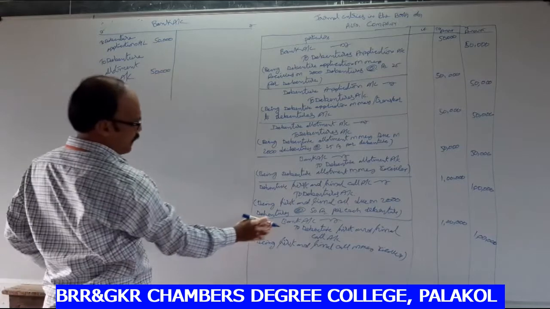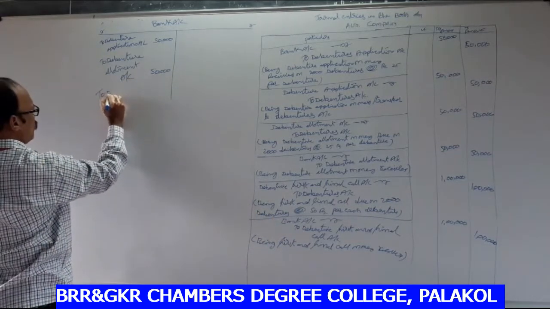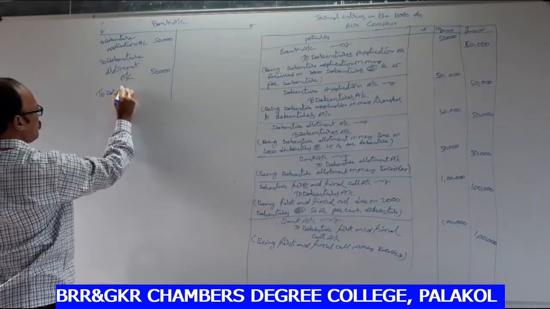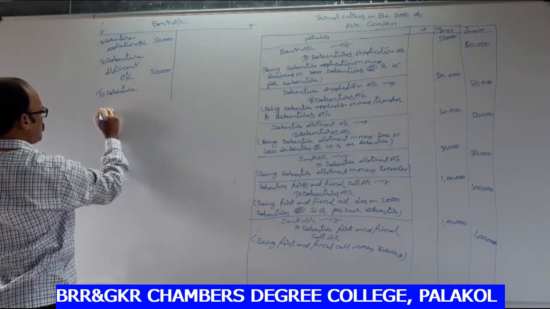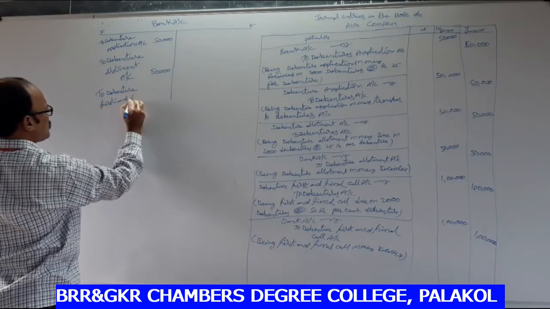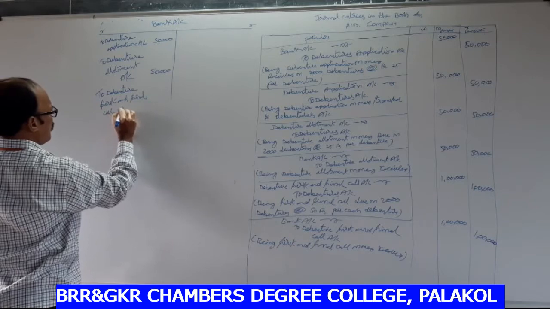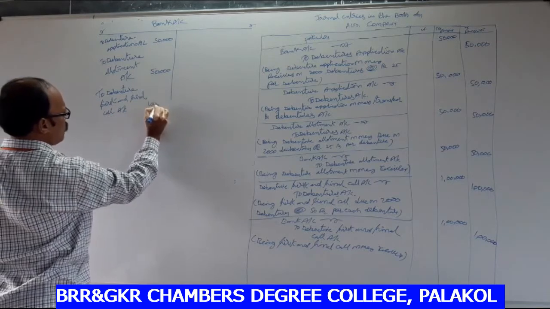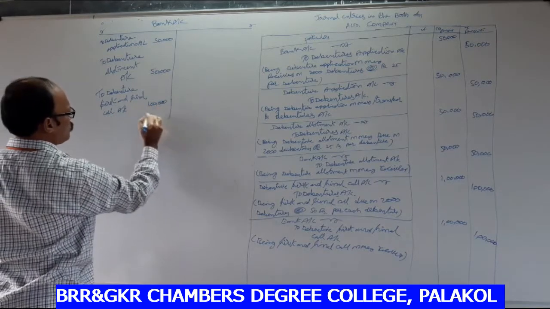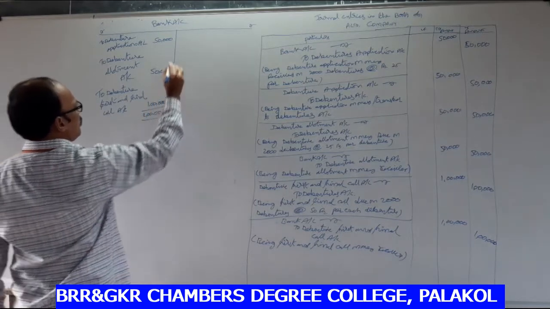Next one, bank account debit to debenture first and final call account. To debenture first and final call account, how much? 1 lakh. Total 2 lakhs.